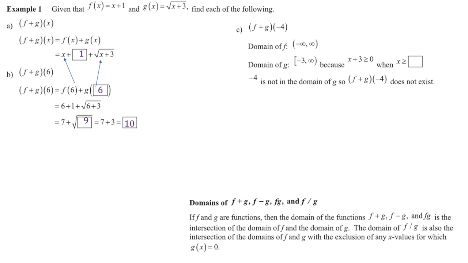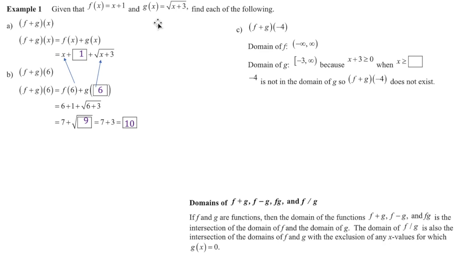So I've already found my f plus g function, which was x plus 1 plus the square root of x plus 3. Well, I know that the domain of f is all real numbers from negative infinity to positive infinity because we know it's a linear equation. However, the domain of our g of x function is slightly different.